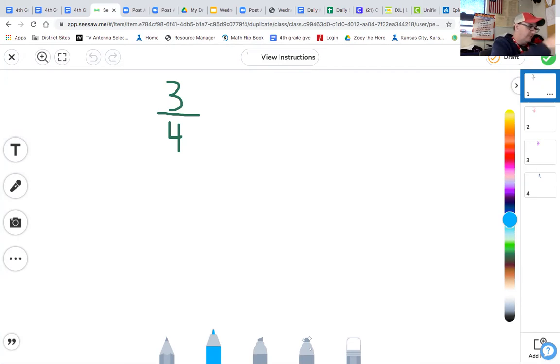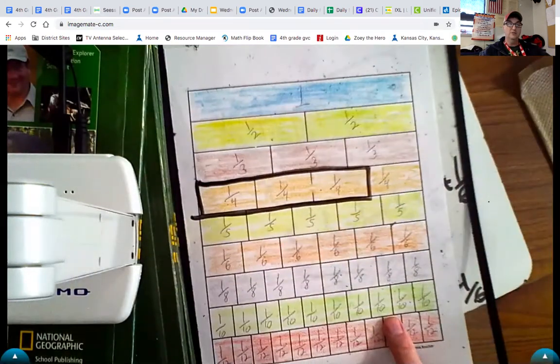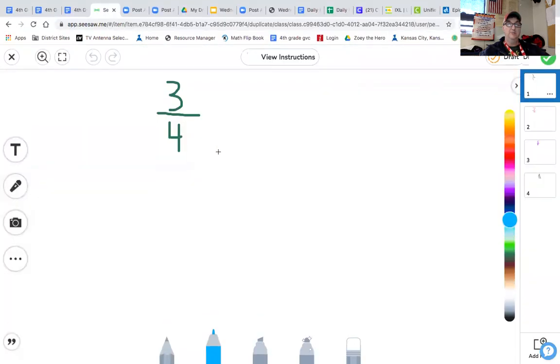So like show 3/4 on your sheet, take a picture of it and load it up in there, okay? Or just draw it here. So that might take you some time.